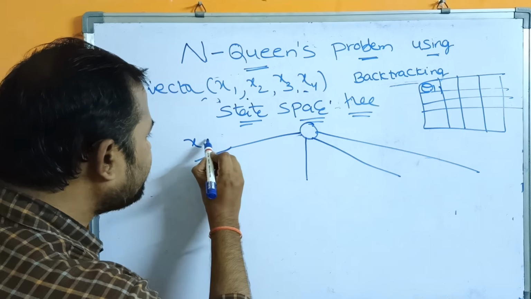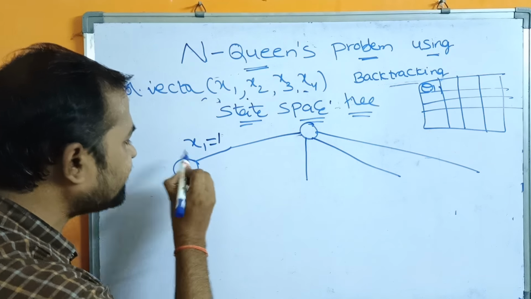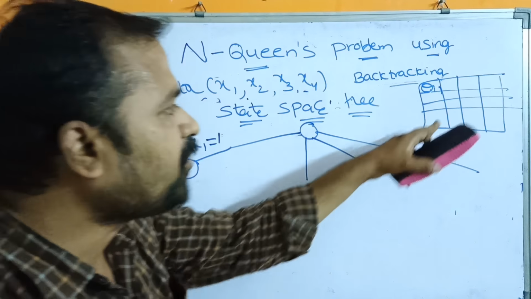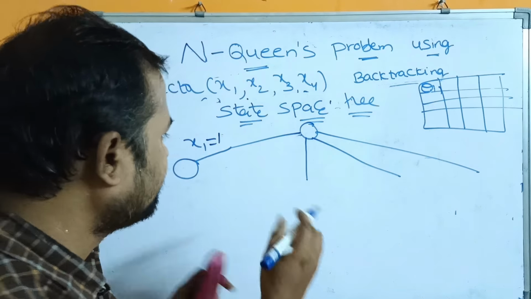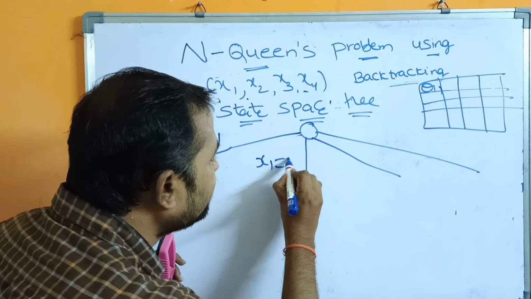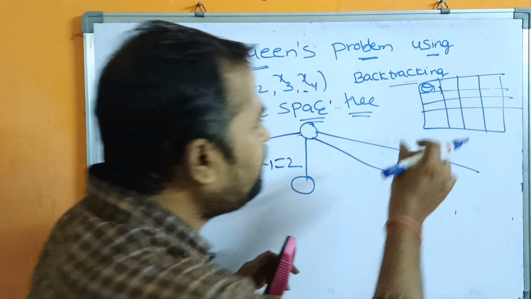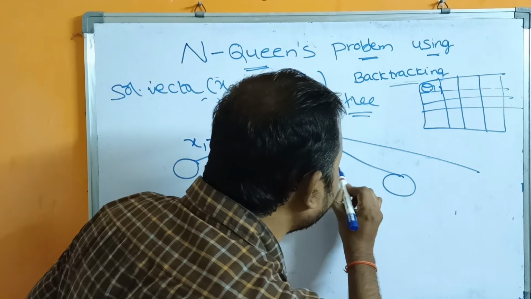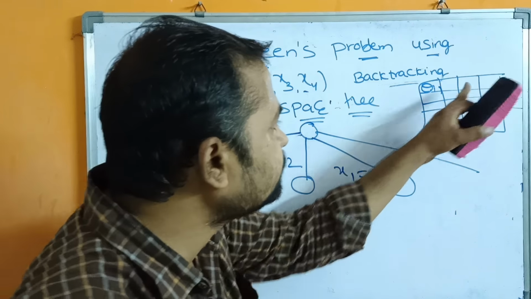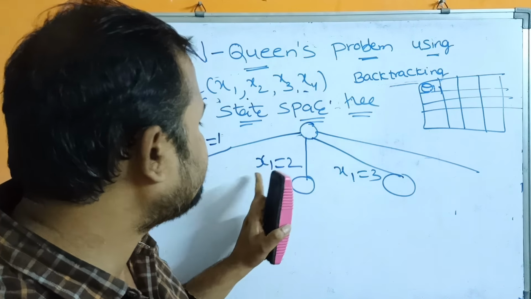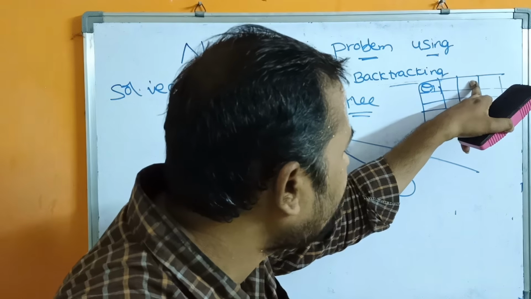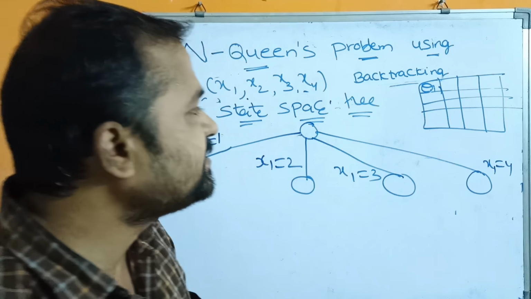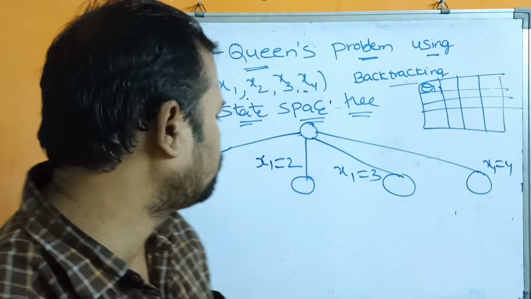So x1 is equal to 1 means we placed Q1 in the first cell, or we have three more alternatives. x1 equal to 2 means we placed Q1 in the first row second cell. x1 equal to 3 means we placed Q1 in the first row third cell. x1 equal to 4 means we placed Q1 in the first row fourth cell.